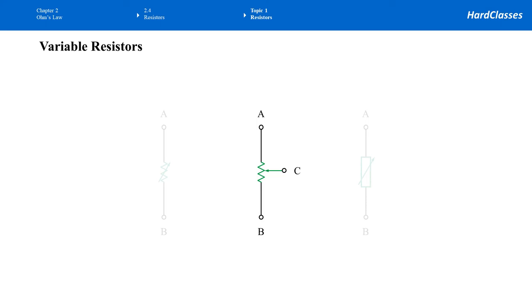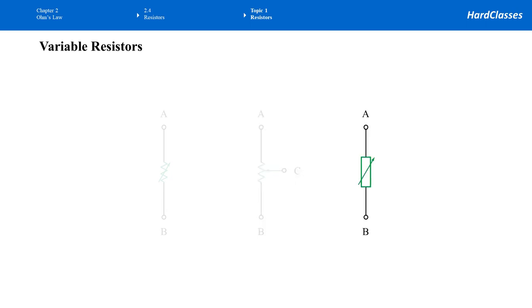Both sides are the A and B terminals, and in the center there is the third terminal C. The third terminal connects to an arrow which represents a slider. The user can simply slide this arrow up and down or back and forth to change how much resistance is going to be used. We're going to talk about the potentiometer in the next few slides.